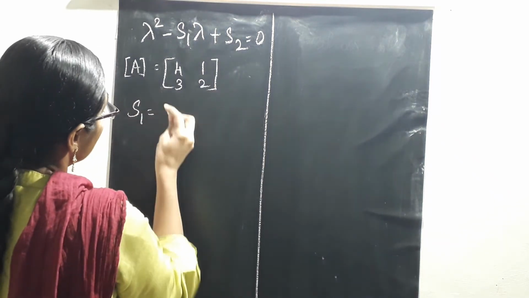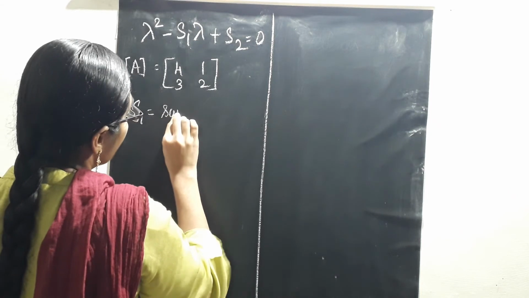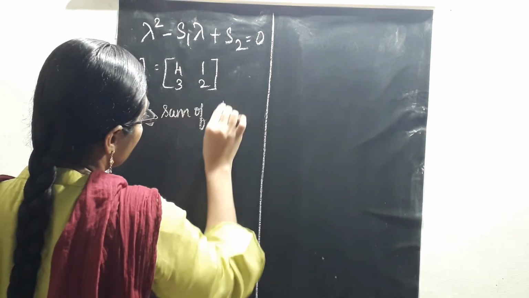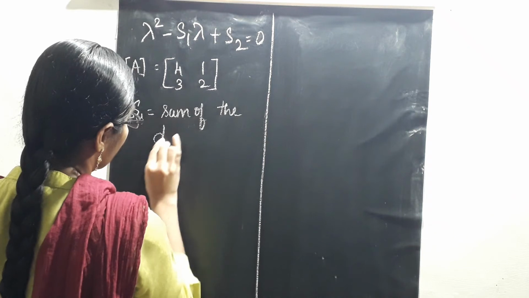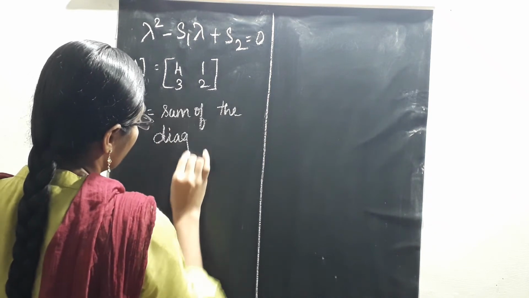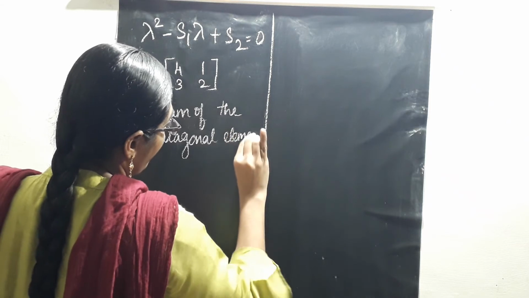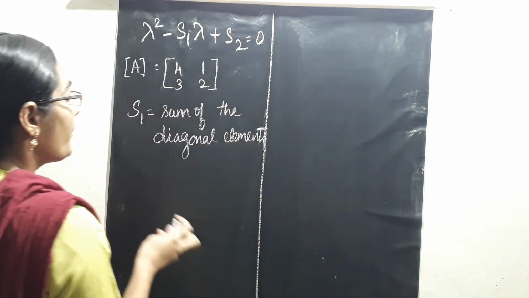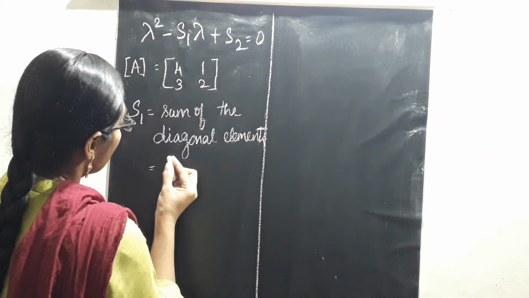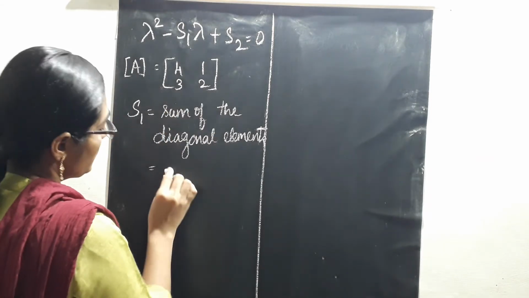S1 is the sum of the diagonal elements. Here the diagonal elements are 4 and 2.